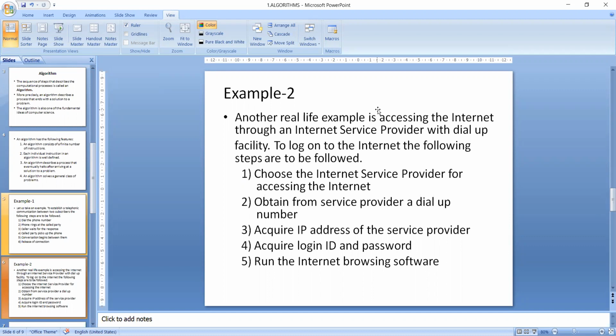To log on to the internet, the following steps are to be followed. Nowadays mobile phones exist, and you simply recharge your mobile phone to get a network connection.